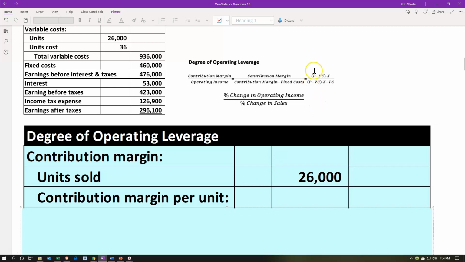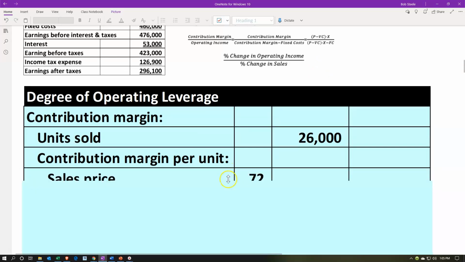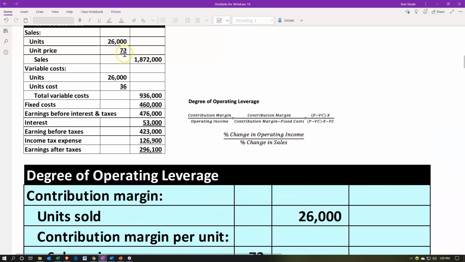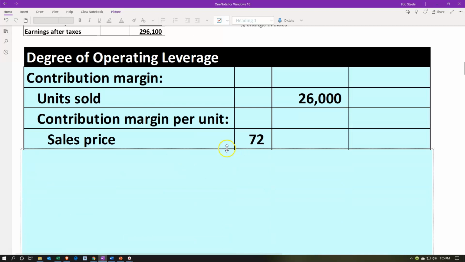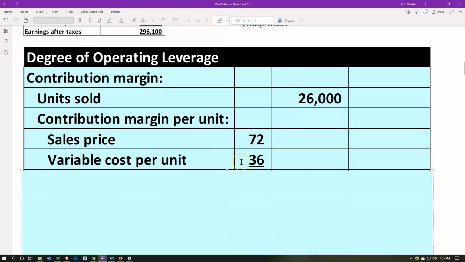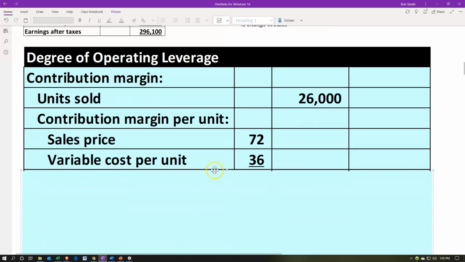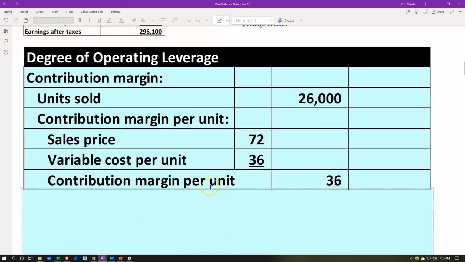That's going to be this little section, P minus VC, which is the unit price minus the variable cost per unit. The price is the 72 given up here, 72 minus the 36 variable cost per unit given in our data here. That's going to then give us our contribution margin per unit, which is now 36, 72 minus the 36.